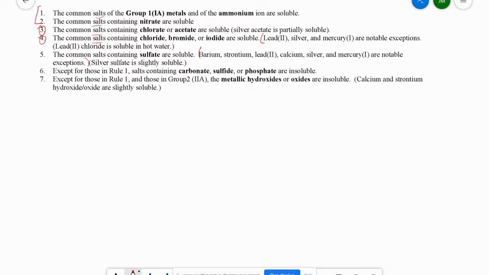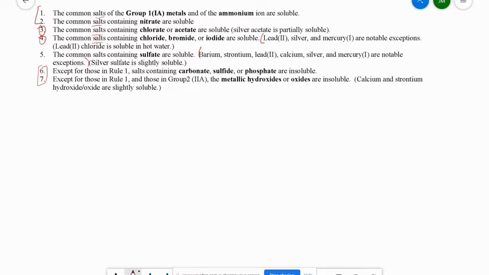Okay. The last two are a little bit more interesting to look at, numbers 6 and 7. So first it says, except for those in Rule 1 for both of these. So if either thing in Rule 1 apply, then it supersedes Rule 6 or 7 here. Okay, so when we look at Rule 6, except for those in Rule 1, salts containing carbonates, sulfides, or phosphates are insoluble, meaning they would form a precipitate, right?